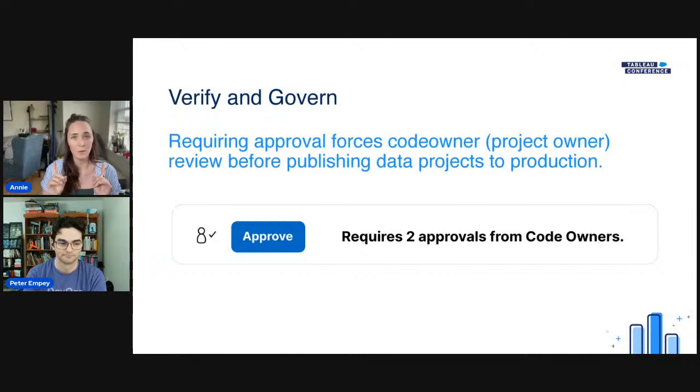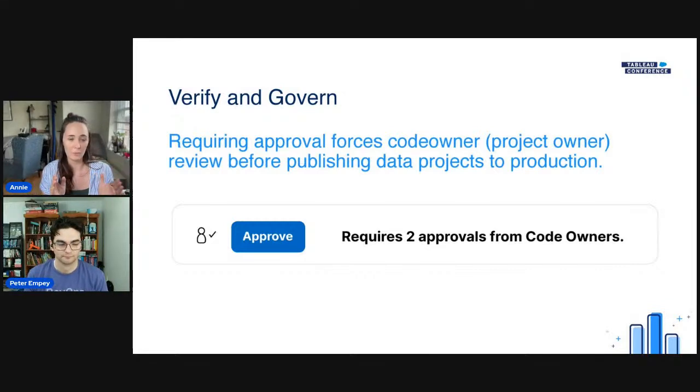And then let's say the VP of sales, VP of marketing, and VP of finance are our official reviewers that need to approve before we can publish it to the go-to-market folder. Once we've gotten those 3 needed approvals, only then can we publish it to production.